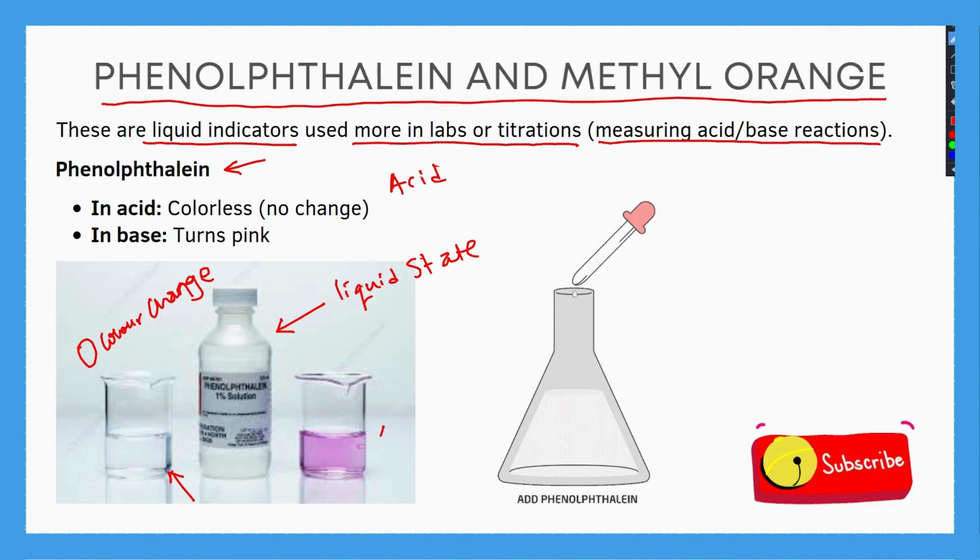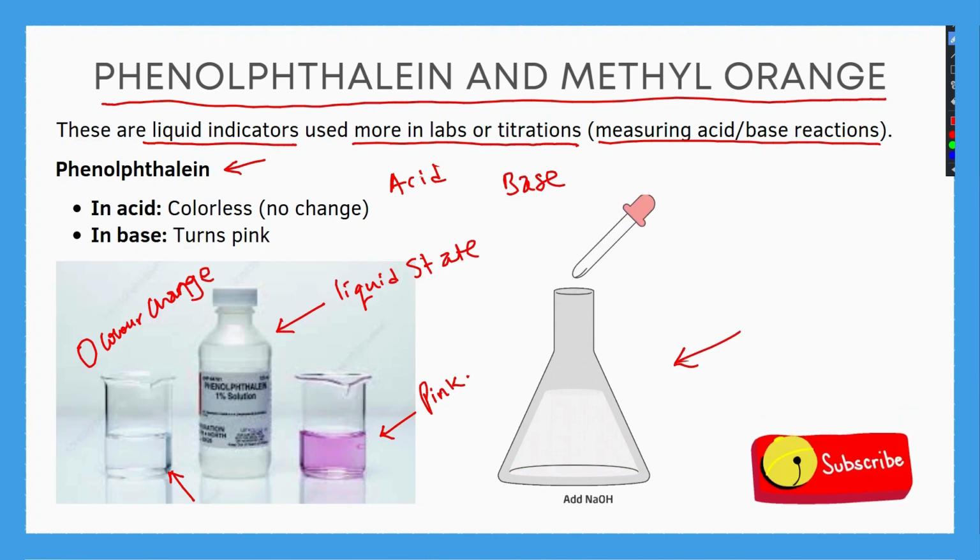But over here you can see phenolphthalein was placed in a base and there was a color change from colorless all the way to the pink color. So when you see a color change when you use phenolphthalein, and it changes from whatever color it used to be to a pink color, it is telling you that that substance is a base. Now here is a good example, an illustration that we have over here.